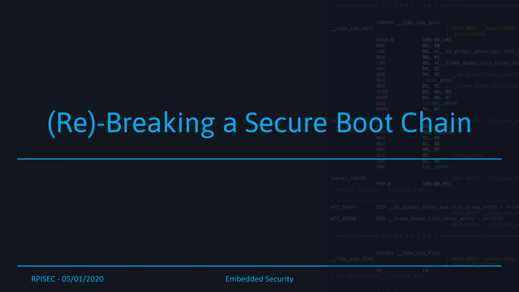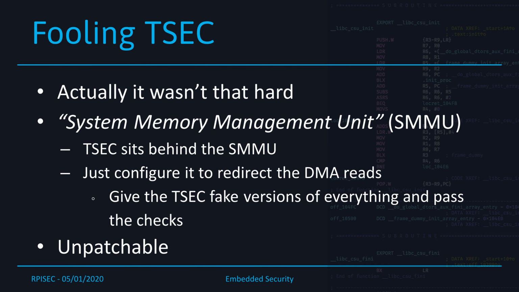Re-breaking a secure boot chain. Actually, it wasn't that hard. There's this thing called the SMMU, the System Memory Management Unit. It's basically the thing that maps pages of memory on your system, and most computers have some kind of memory management unit, or probably several.